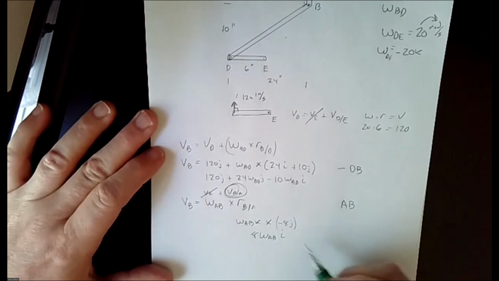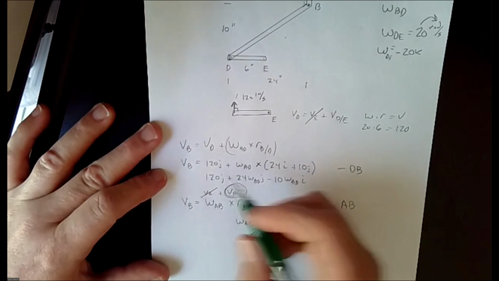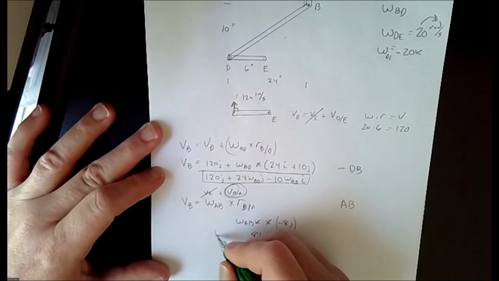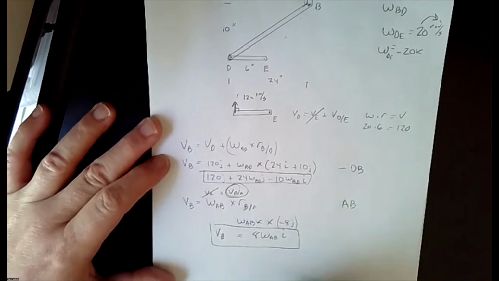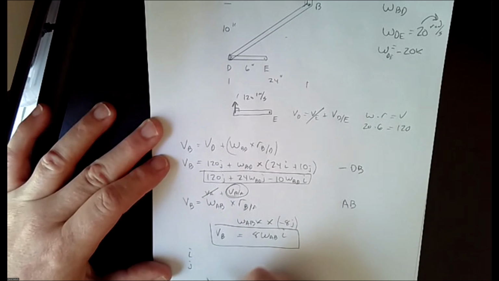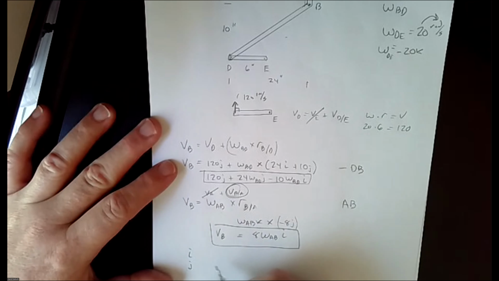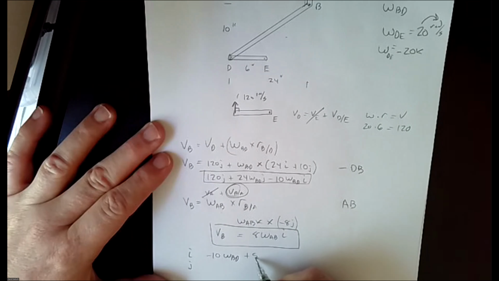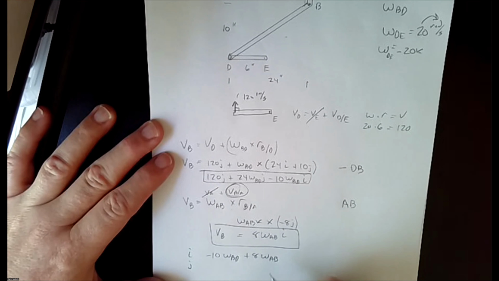Again, we're going to do the same thing. We have VB equals this equation here, and we equate I and J like before. Negative 10 omega BD plus 8 omega AB. If you already remember this, you can fast forward until I get to the acceleration.